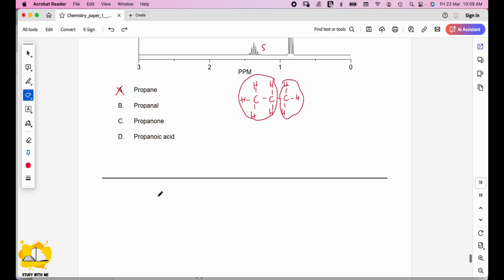So for propanol, and then for propanone, and then for propanoic acid.